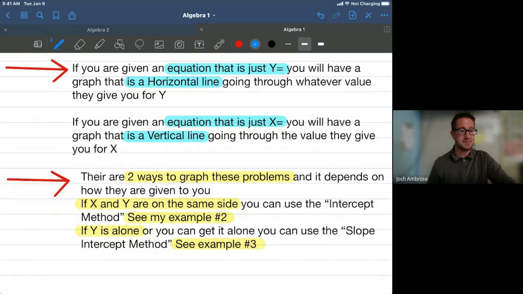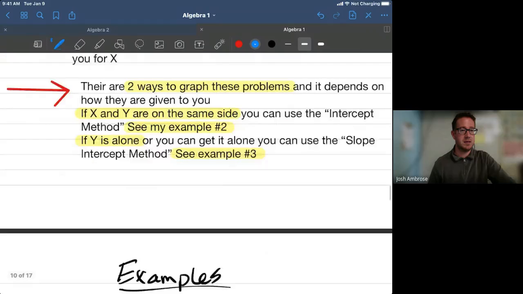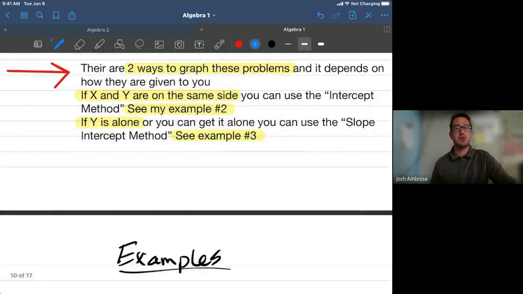All right, now let's move in right here. There are 2 ways to graph these problems. All depends on how they present it to you. First part, if x and y are on the same side, follow my example 2. And if y is totally alone, or maybe you could get it to be by itself, follow my example number 3.